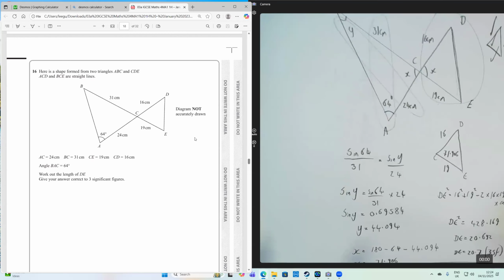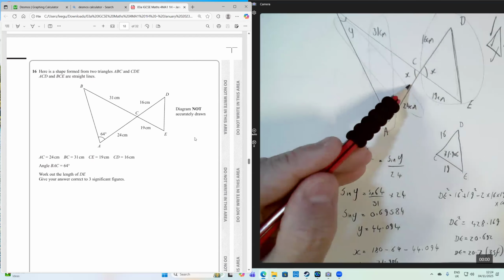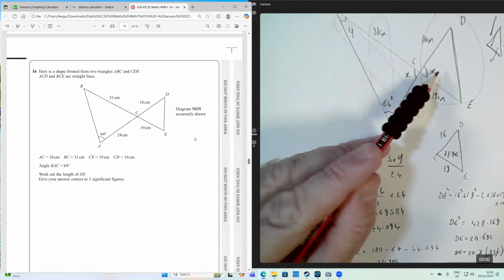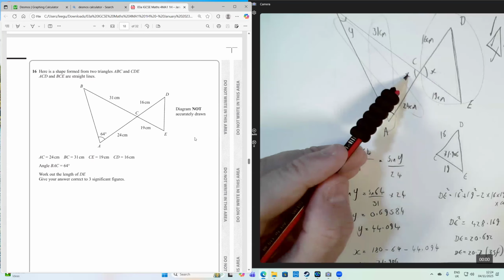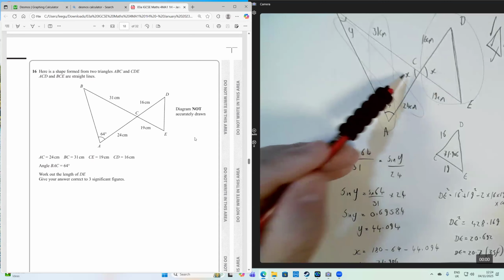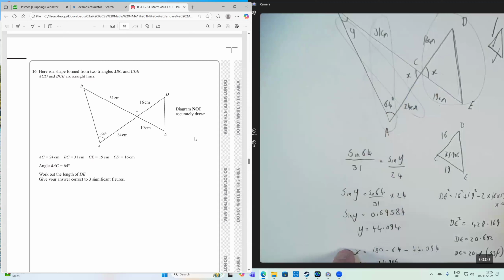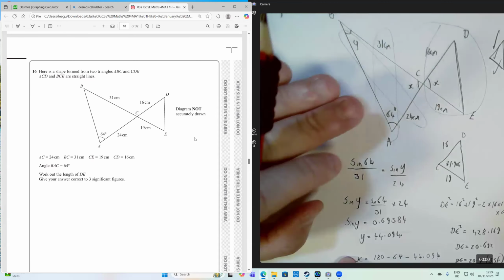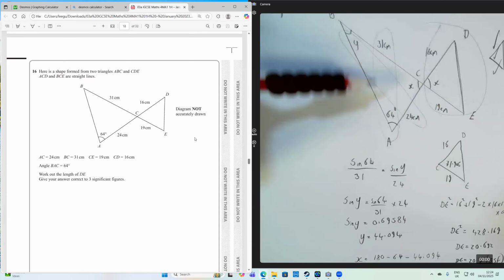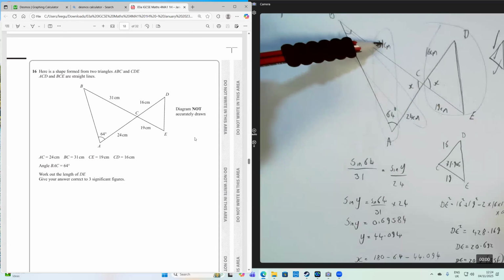My second thought is these are straight lines, the question tells us, which means that these two angles are vertically opposite. And vertically opposite angles are equal. So I can say that that must also be x. Okay, so now I'm going to turn my attention to the first triangle to see how I can work out x. I've noticed that I've got an angle and a matching side.